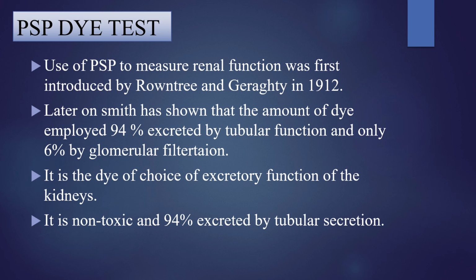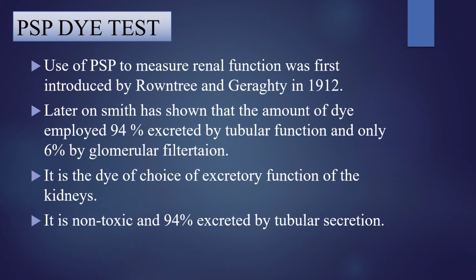The use of PSP, that is phenol sulfathalin, is to measure the renal function. It was first introduced by Rountree and Granacki in 1912. Later on, Smith has shown that of the amount of dye employed, 94% is excreted by tubular function and only 6% is excreted by glomerular filtration.